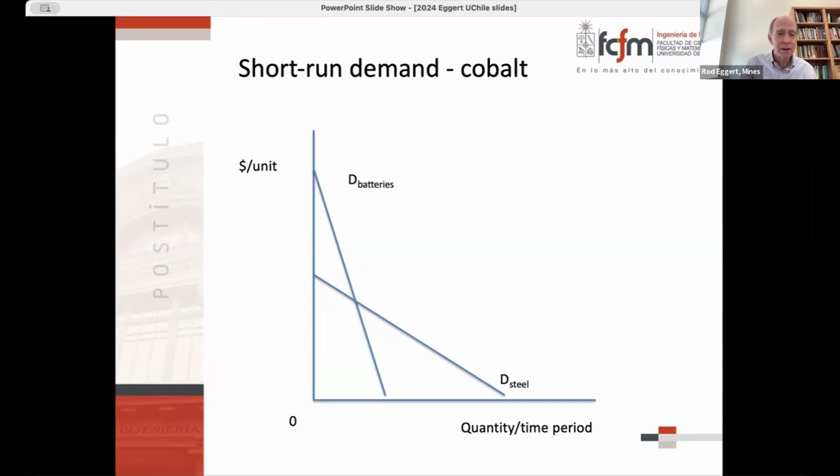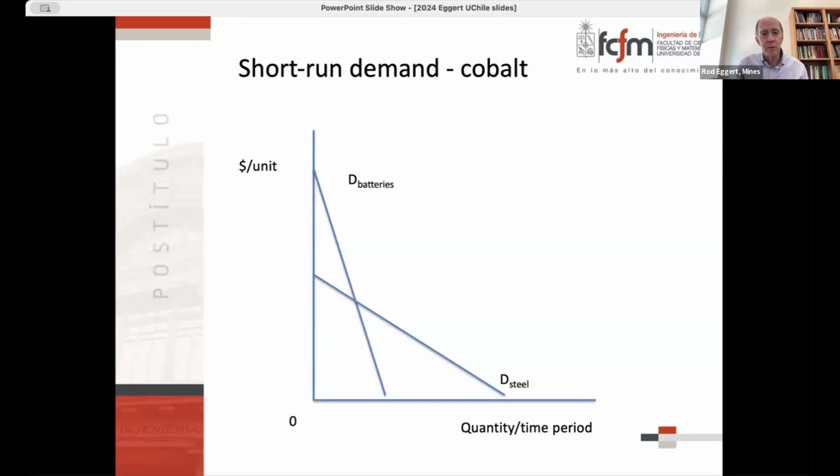Really not a lot relative to demand by steel mills. This flatter demand curve from steel mills expresses a greater sensitivity to prices than battery manufacturers. And maybe that reflects the fact that in certain types of steel, there are other elements that can be substituted for cobalt to yield steel alloys of similar quality.